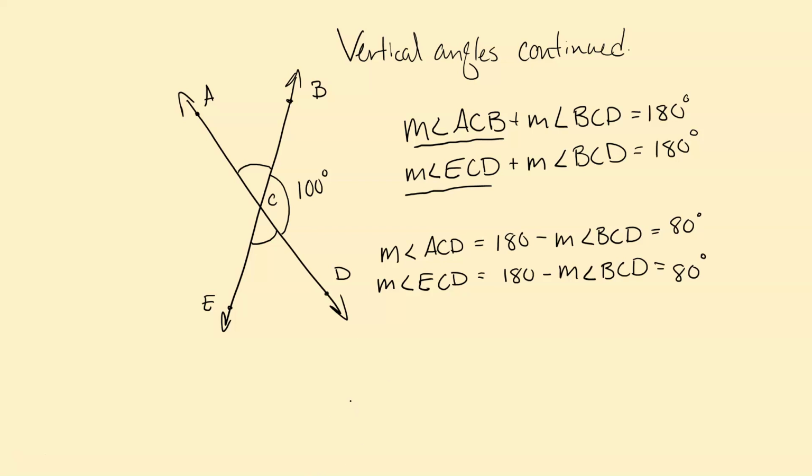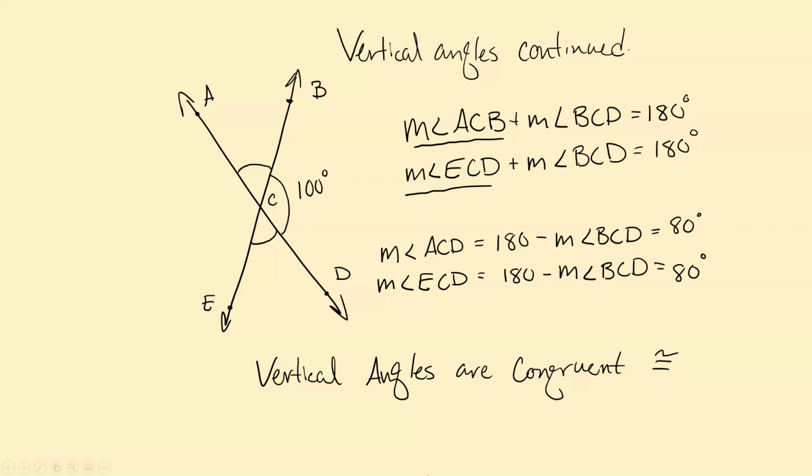So one thing that is very important to know about vertical angles is vertical angles are congruent. And if you remember, the congruent symbol is the equal sign with the squiggly on top.